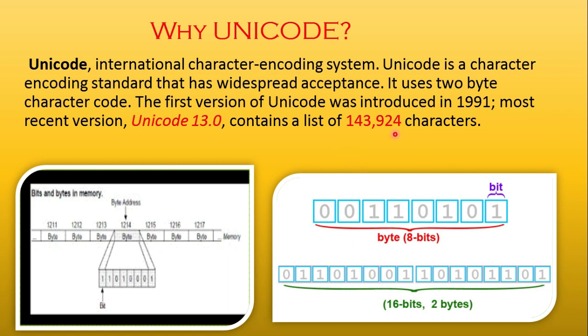But this is the newest version, so it can go up to these many characters. Okay, so are you getting me? So by using a 16-bit coding system, that is Unicode, you can represent 65,536 characters. That means after the 13.0 update, it is able to represent these many characters.